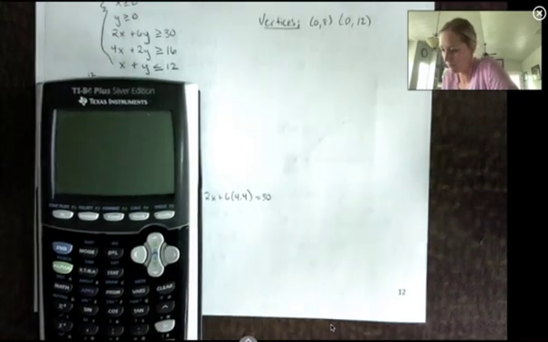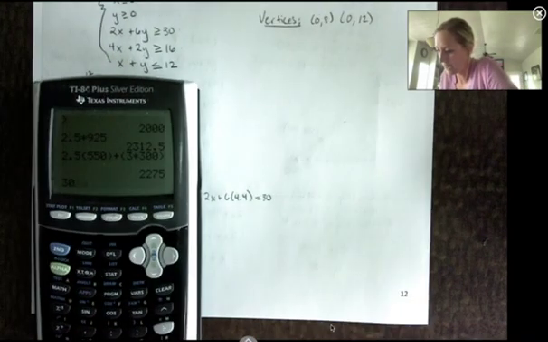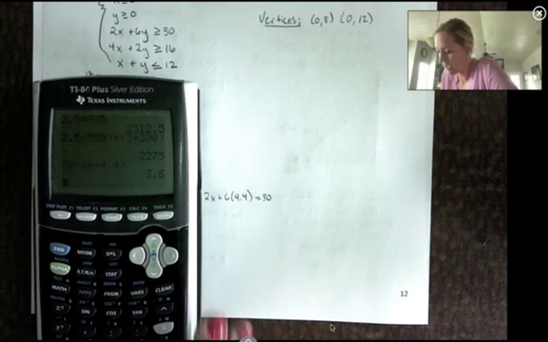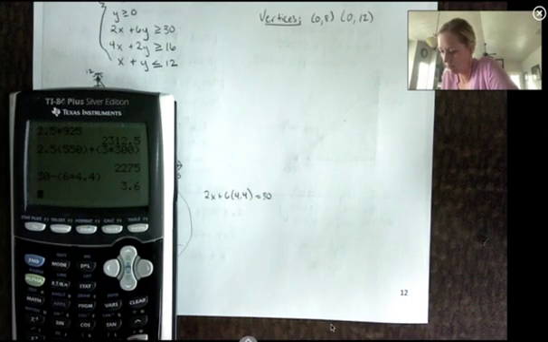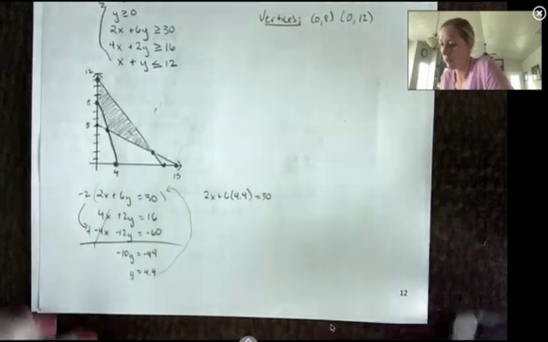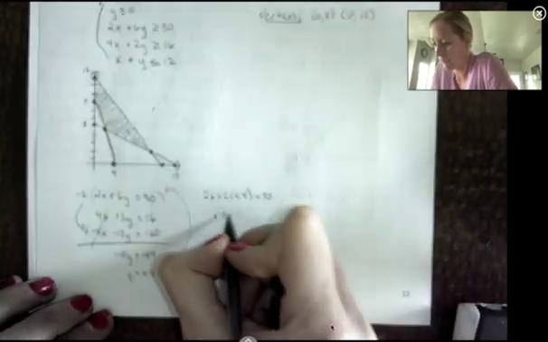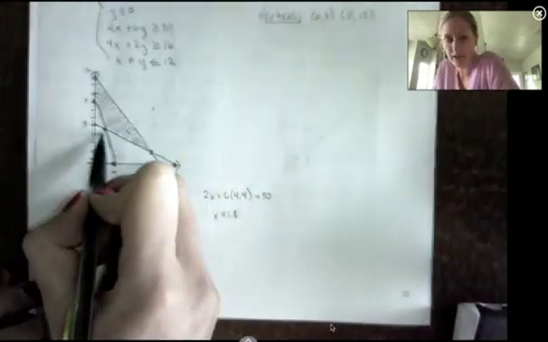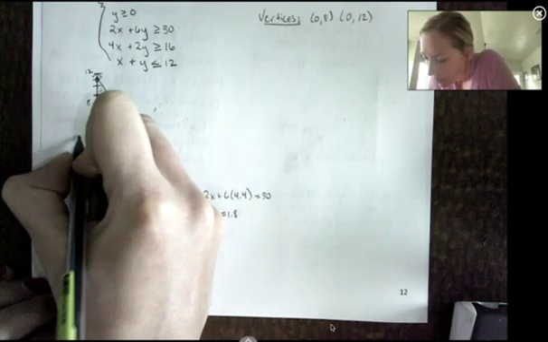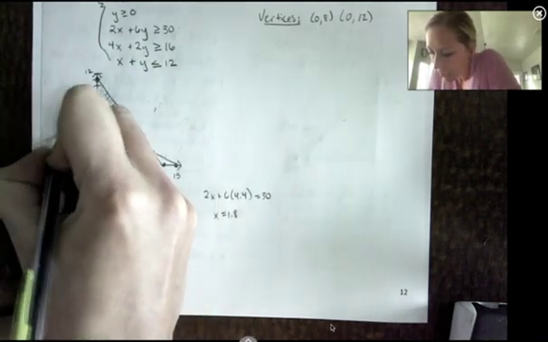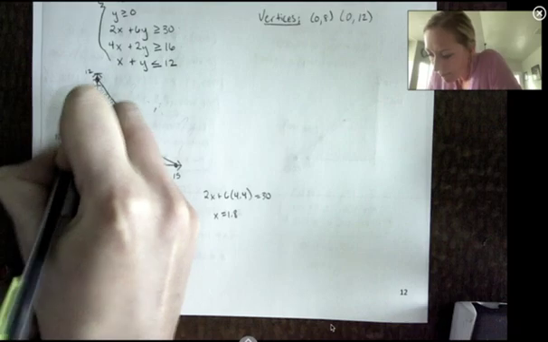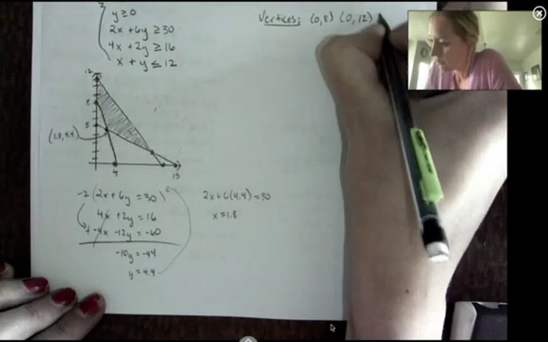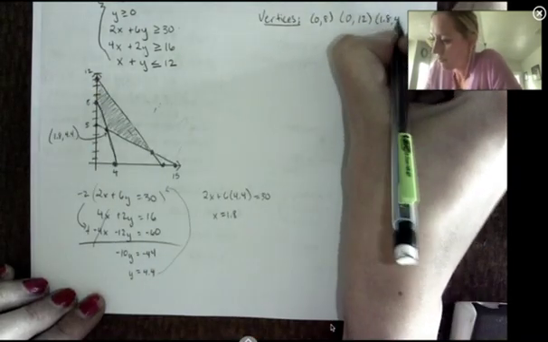So I'm going to do 30 minus 6 times 4.4, and then I would have to divide by 2 to get x. So x is 1.8. So this point right here is 1.8, 4.4. So that is another vertex, 1.8, 4.4.